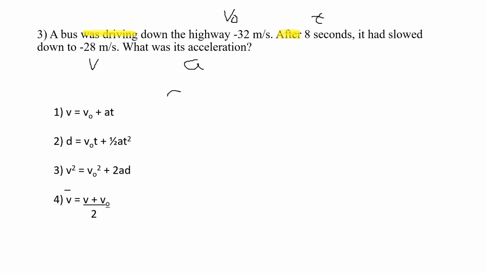Let's make our list. A equals question mark. V naught equals negative 32. T equals 8, and V equals negative 28.